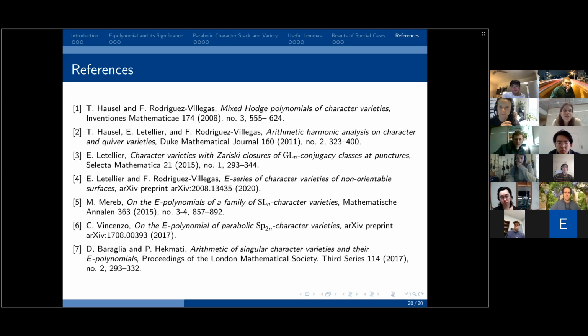Thanks for the talk, Nam. Do you have, and this might be a really difficult question, any intuition as to why the E-polynomial gives you that information about the topology of the object?